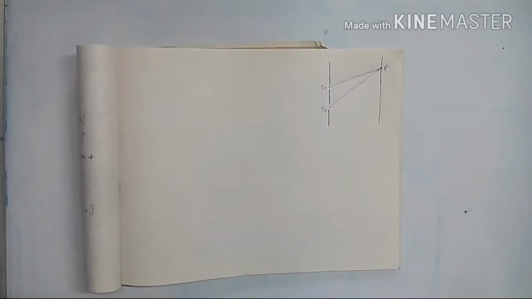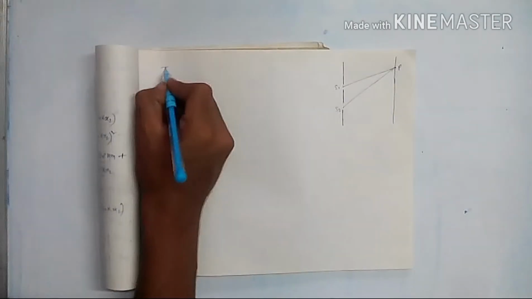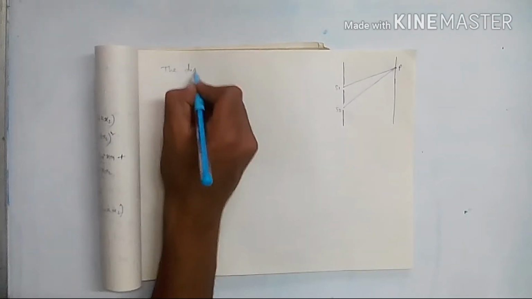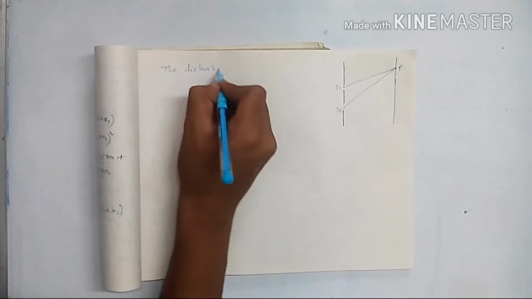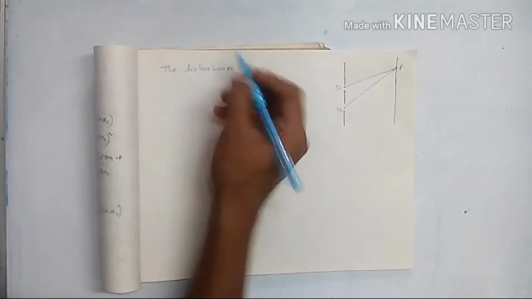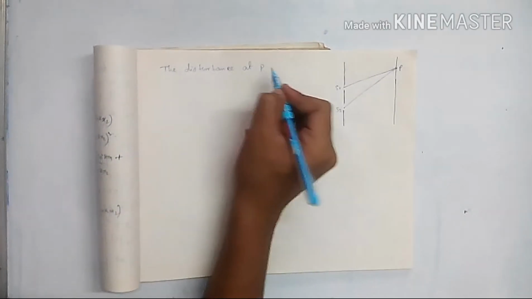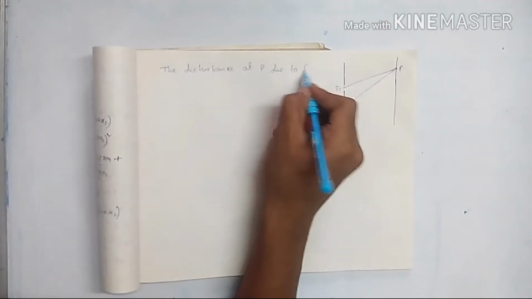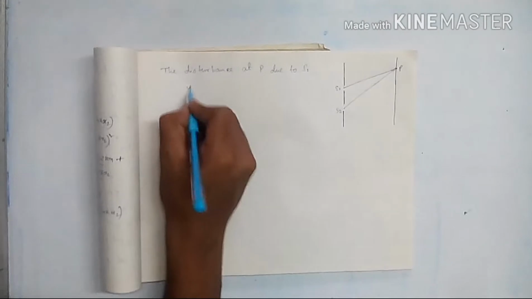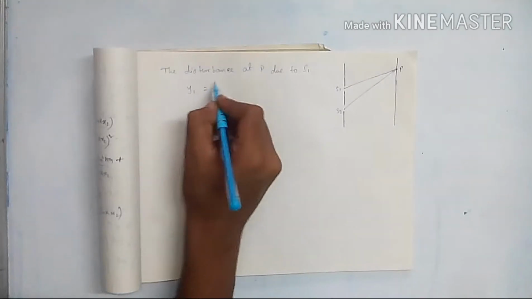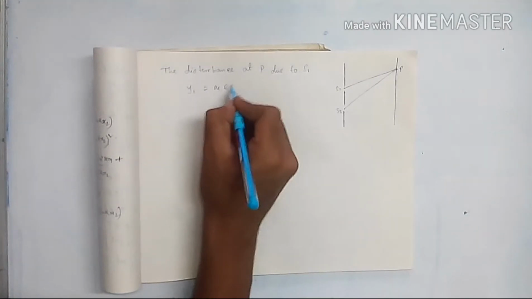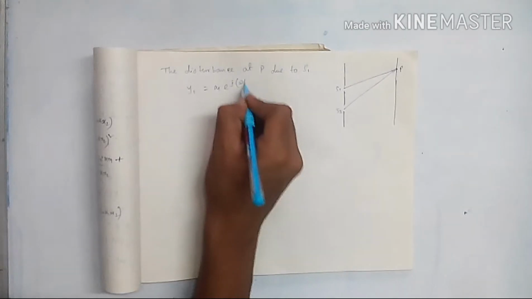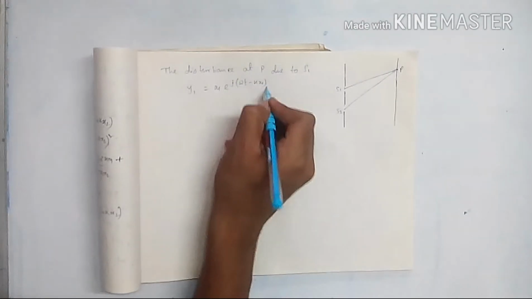Now the disturbance at P due to S1 is y1 equal to A1 e to the power j(omega t minus kx1).